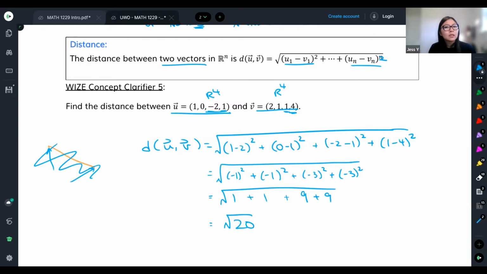Before I move on, I just want to see a show of hands. How many of you guys are comfortable with the vector operations we've done so far? So multiplication, addition, subtraction, length. How do we feel? Okay. Wow, majority of you. Awesome. Sorry, I know I'm doing a lot of voting. It's because I'm trying to get to know you guys, trying to see what works for you. I want to check on my speed here.